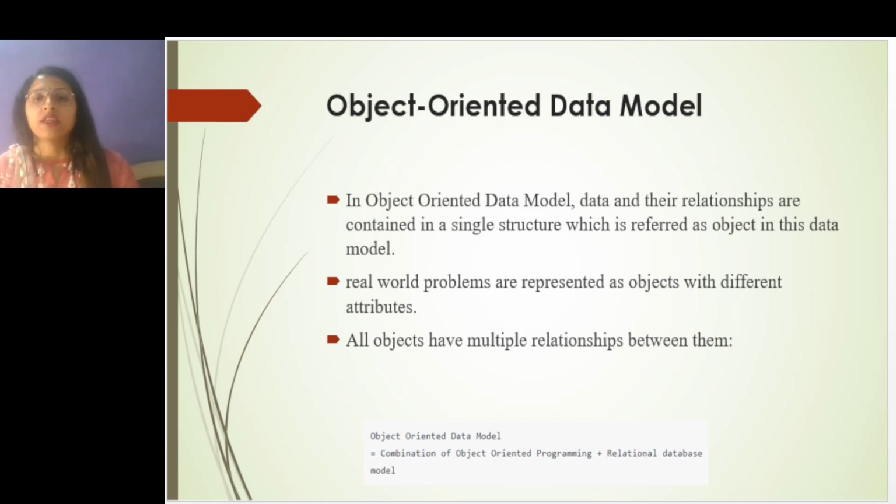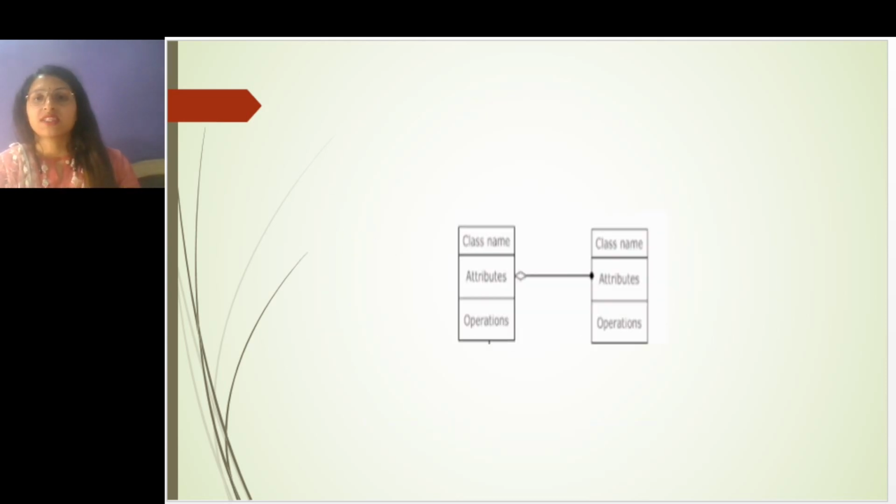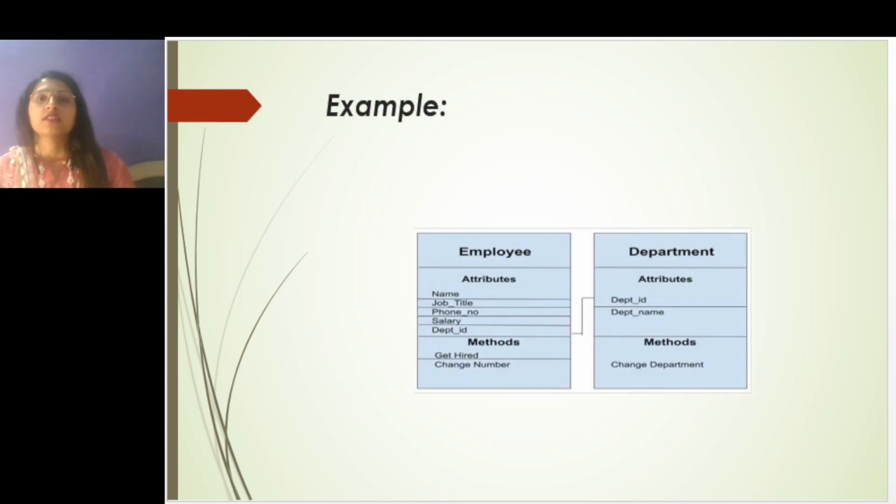You have to remember that the object-oriented data model is a combination of object-oriented programming plus the relational model. In object-oriented programming, you create a class, define the properties of the class, then use the methods that work on that object. Similarly, over here you use such methods to show how the elements are interrelated. This is the example: the employee object and the department object, their attributes, and the methods.